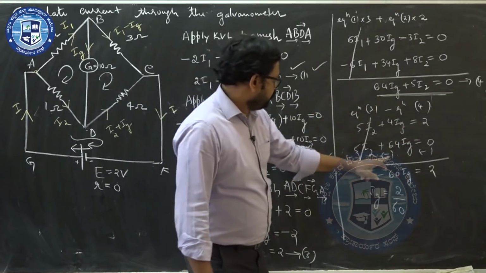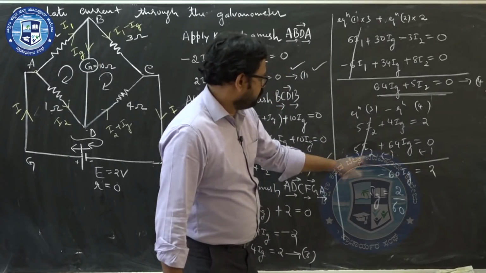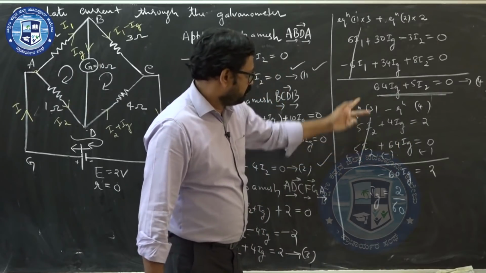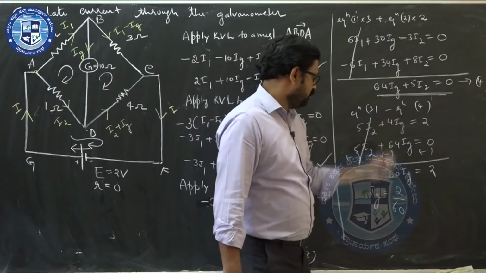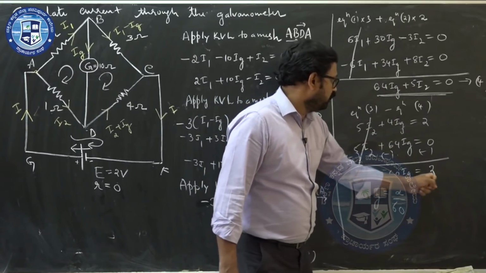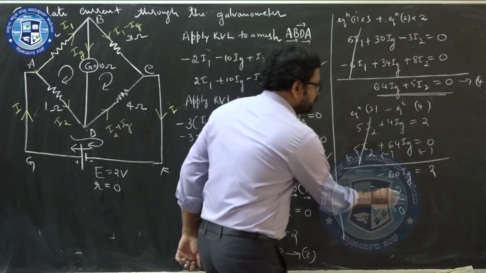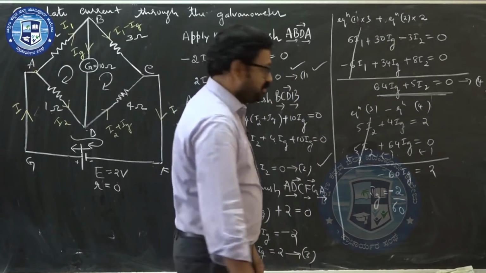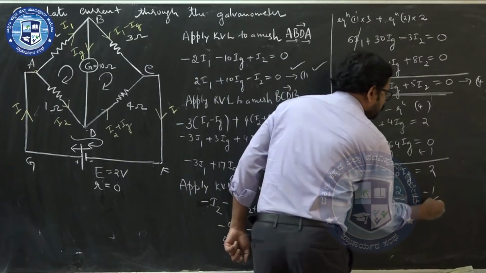Then equation 4 is 64Ig plus 5I2 is equal to 0. I change the sign because I have to subtract. This will get cancelled. Here you will get minus 60Ig is equal to 2, or Ig will be equal to minus 2 by 60. That is nothing but minus 1 by 30 ampere.